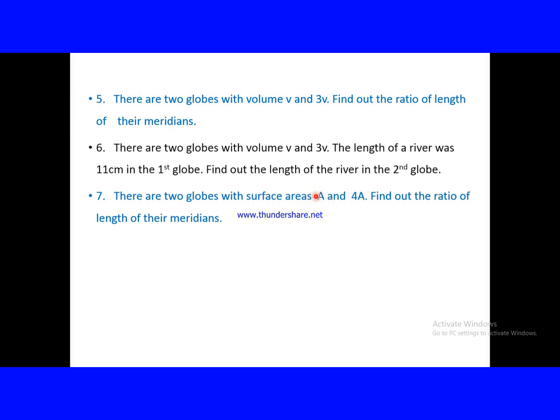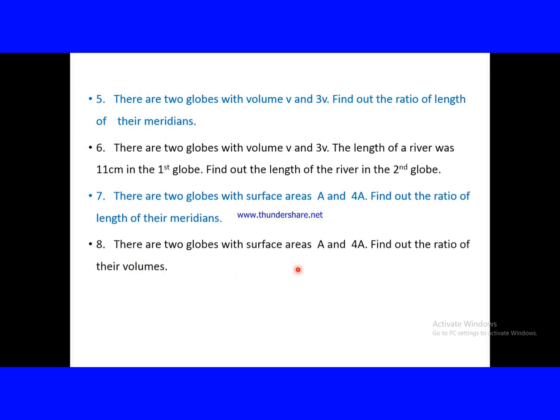First, from surface area, we have to go to the radius of the first globe, because radius is one-dimensional and the length of meridian is also one-dimensional. So, first come to the radius of the first globe, and same way come to the radius of the second globe, and using this ratio of radius we can measure the ratio of length of meridians.